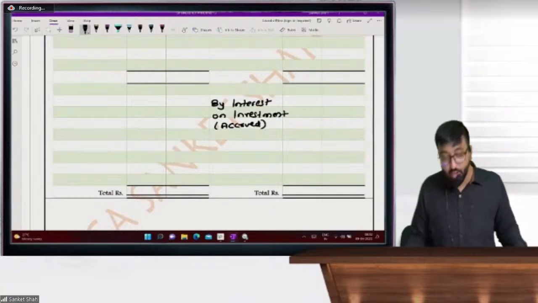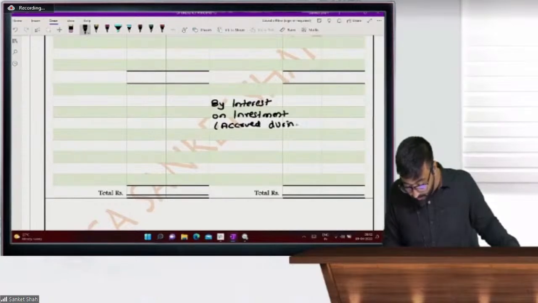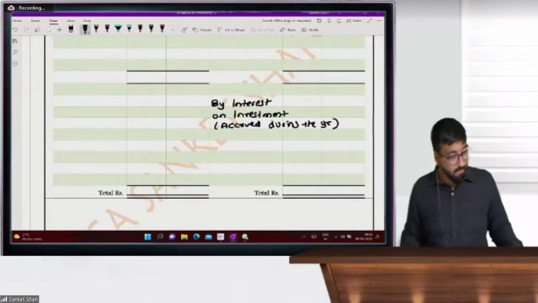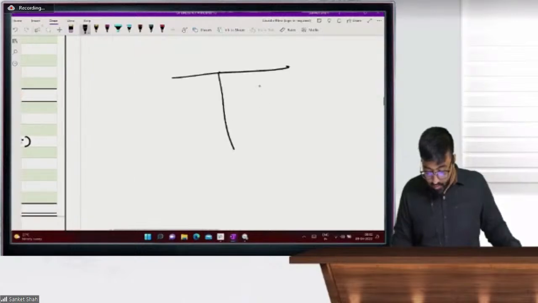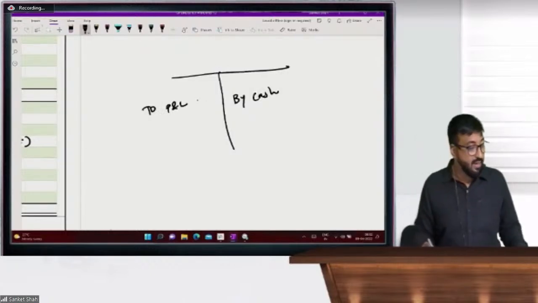It is accrued during the year. You have to understand this accrual concept. Don't write it in the exam, just for your concept clarity. Accrued during the year in P&L. If you open the interest account, you will write by cash, and here to P&L. You have to look at how this will get reflected in P&L.